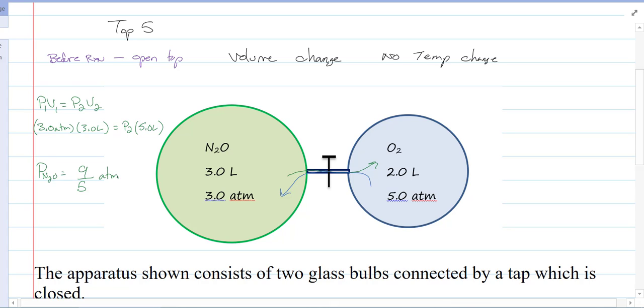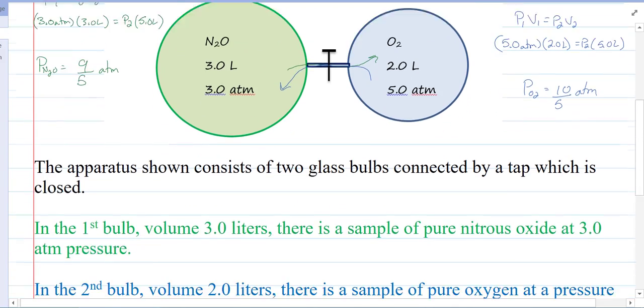Then we got O2 here. So let's do O2. P1V1 equals P2V2. I have 5.0 atmospheres, 2.0 liters, P2 times 5.0 liters. So that means my pressure of O2 looks like it's 10/5, or 2 atmospheres. Okay, so I have 9/5 and 10/5.